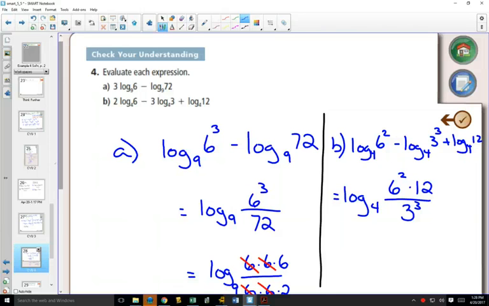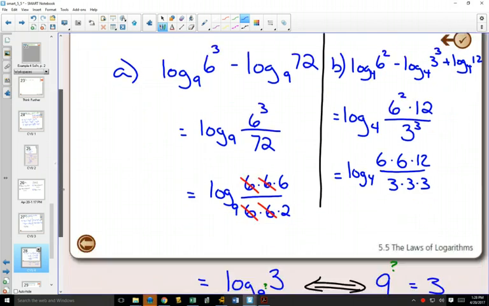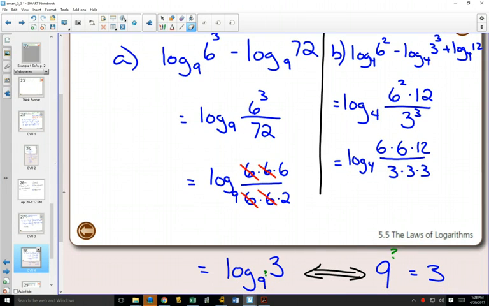So maybe you're really good at mental math and you want to do 36 times 12 in your head. But if you don't want to multiply big numbers, then I suggest trying to break this down. So I have 6 times 6 times 12, and on the bottom I have 3 times 3 times 3. Two different ways you could go about this.